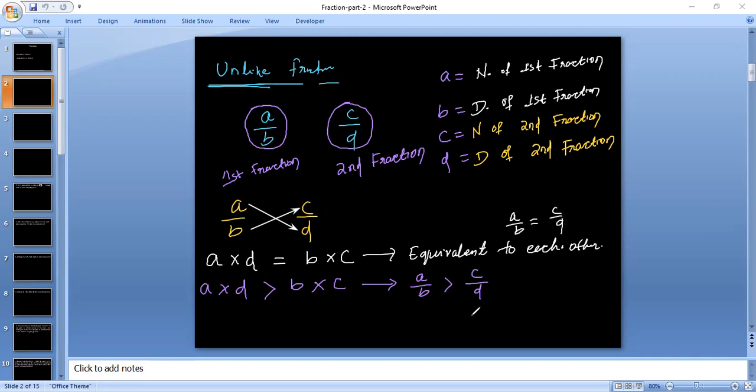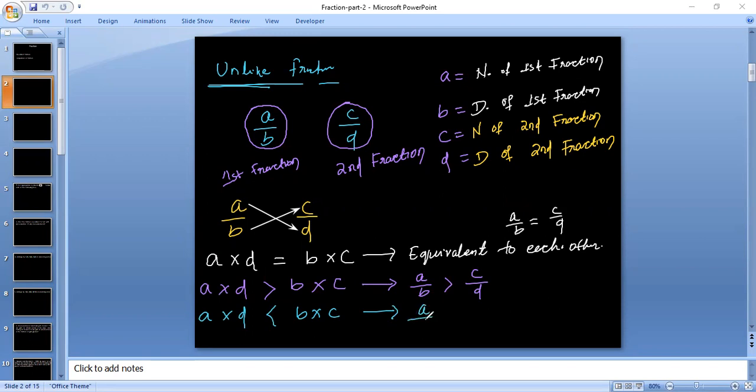Then we go to the next one. If you find A into D is less than B into C, what do you conclude? You conclude that the first fraction is less than the second fraction.